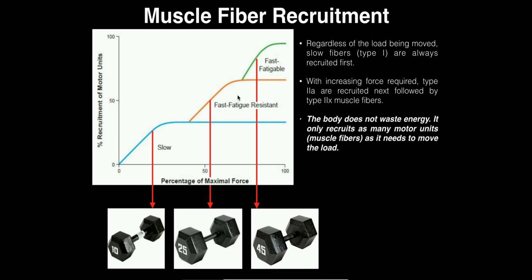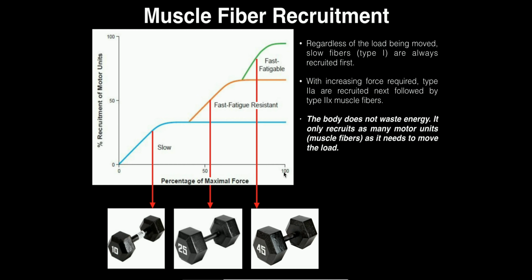Likewise, by the same argument, if I wanted to lift the 25-pound dumbbell, yes, I'm going to have to activate the slow and the fast fatigue-resistant muscle fibers, but there's no reason to activate the 2X fast fatigable. No reason whatsoever. Because the fast fatigue-resistant, on top of what's already produced by the slow muscle fibers, produce enough force and it's sufficient to lift a 25-pound dumbbell.